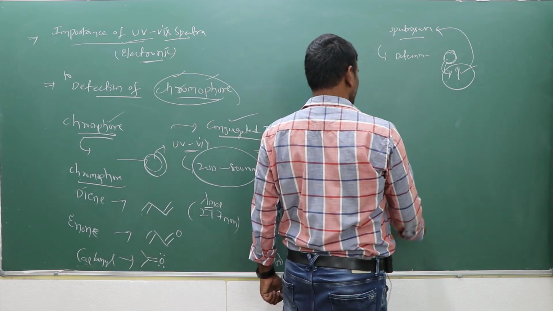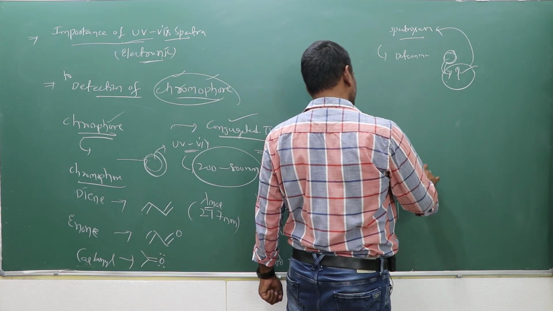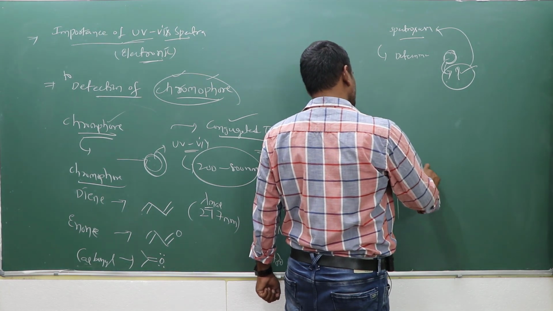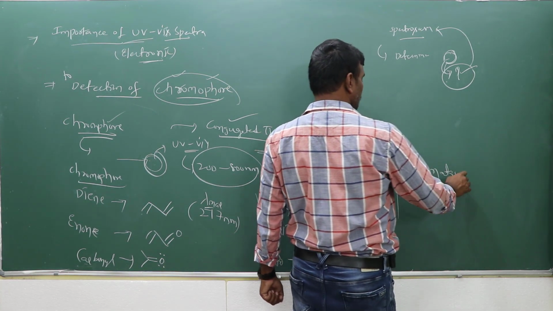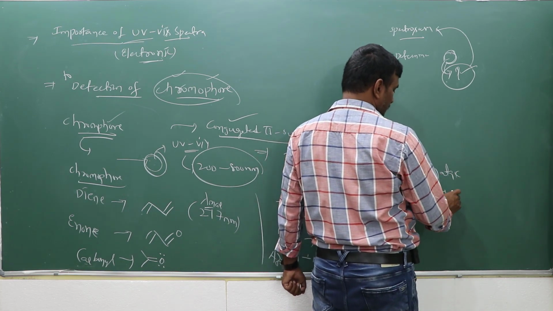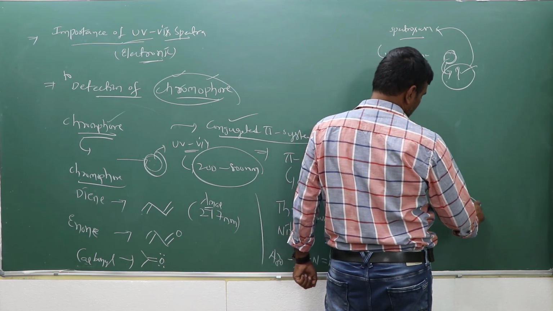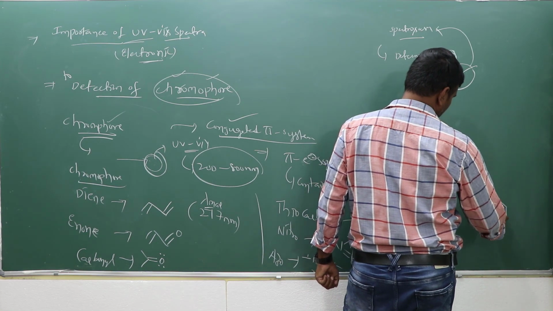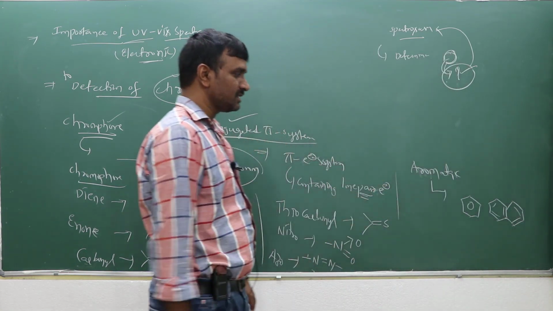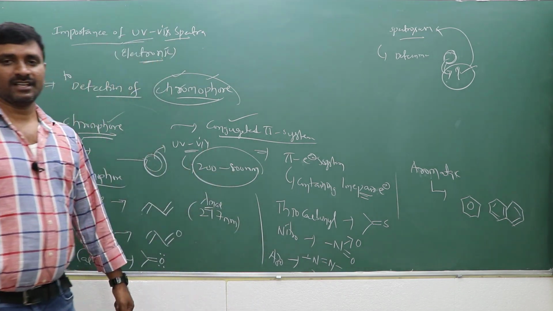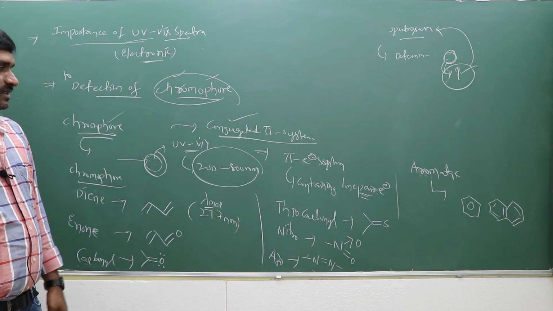Aromatic chromophores are also there: benzene, naphthalene, anthracene, which are also considered chromophores.